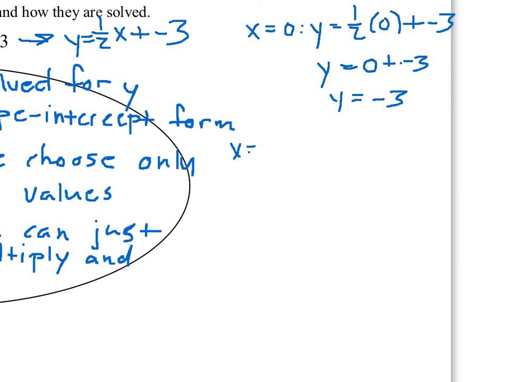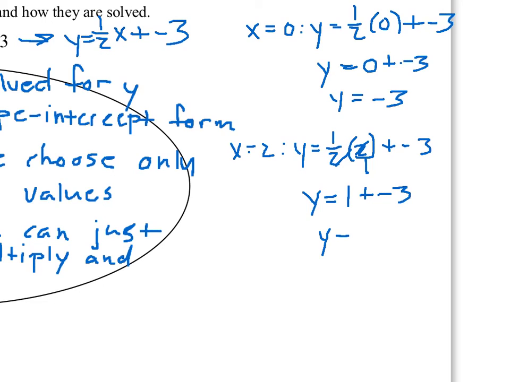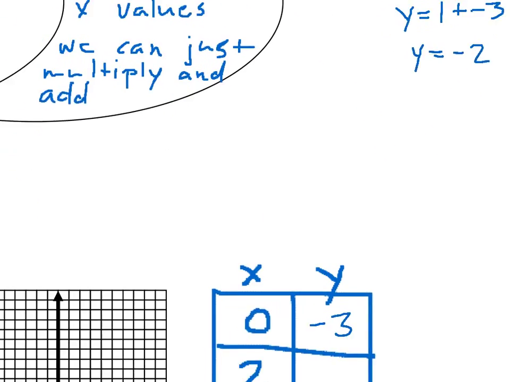When x equals 2, y equals 1/2 times 2 plus -3. Turn that into a fraction, top, top, bottom, bottom, so that's y equals 1 plus -3. Y equals -2. So come down and put that in our chart.